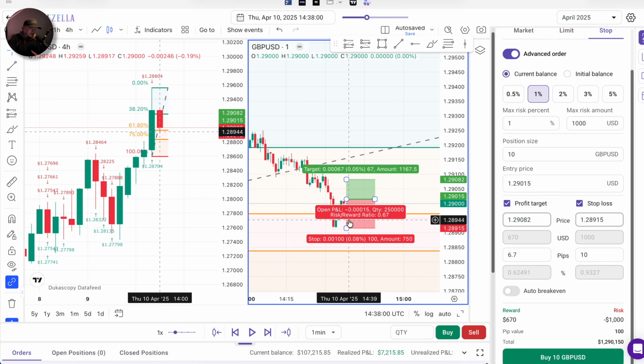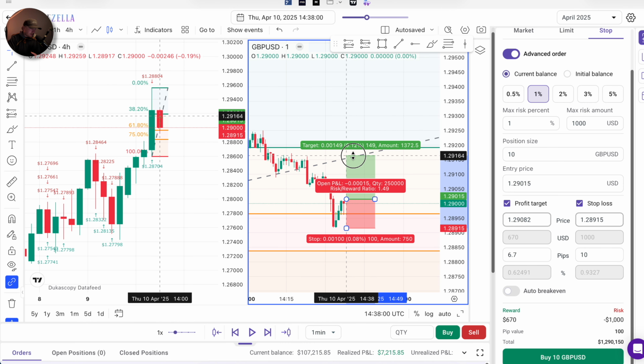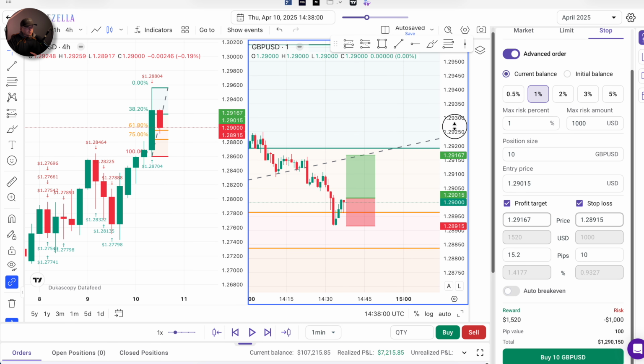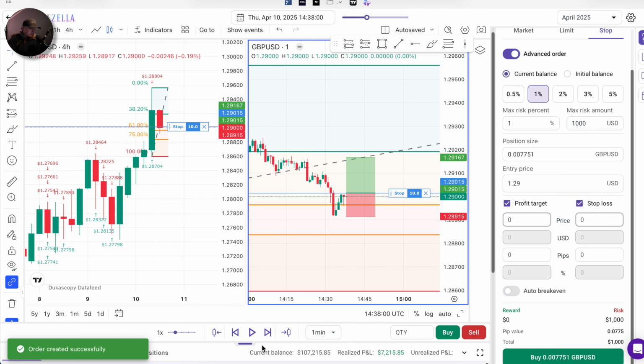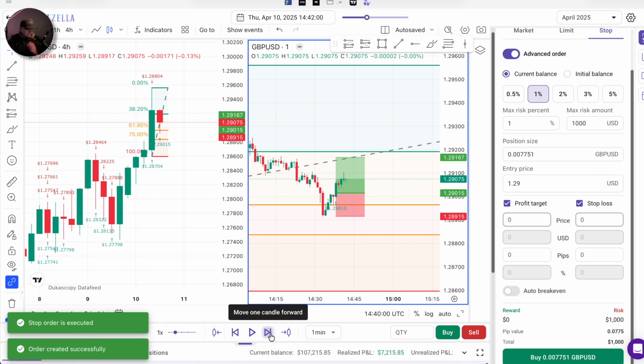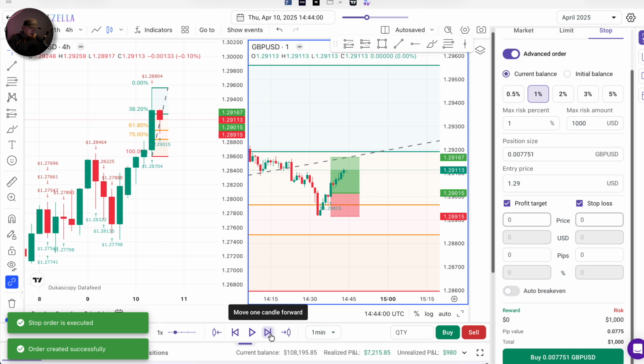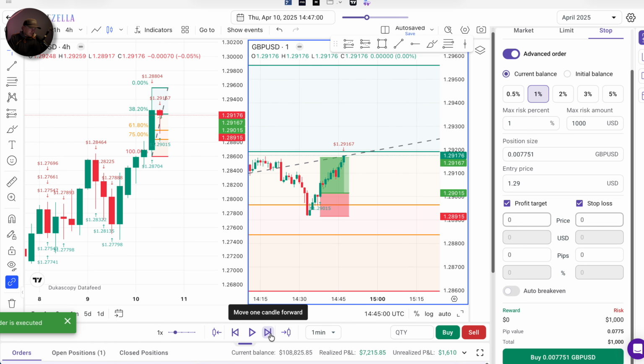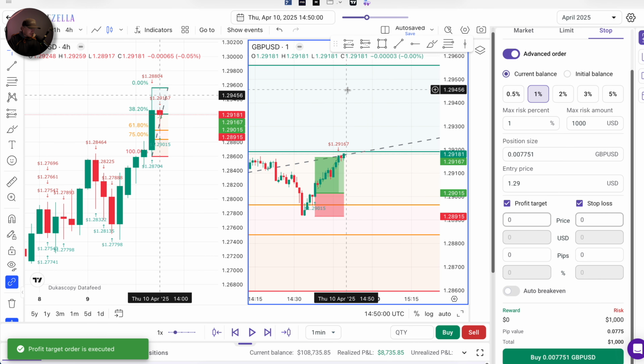I would include this lowest point because for me that's not as clear a level to work with. So we're going to go 1.5 because we are in the second zone. Yeah. Buy order is in. Triggered in. Price pushes up and take profit.